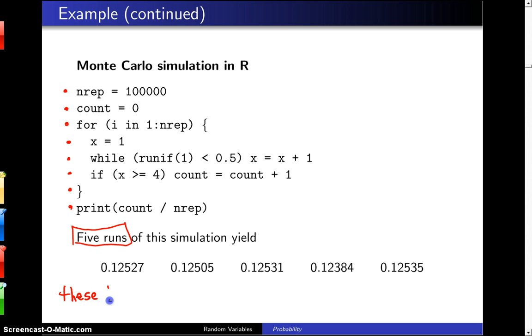These values hover around the analytic value of the probability that x is greater than or equal to 4, which is 1/8, which is 0.125, and because they hover around that particular value, this Monte Carlo supports the analytic result.